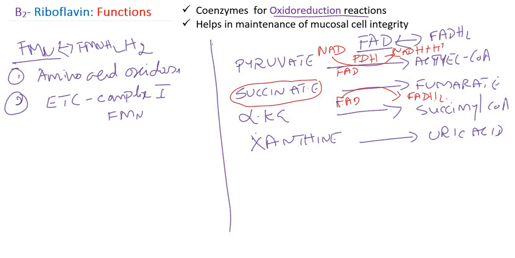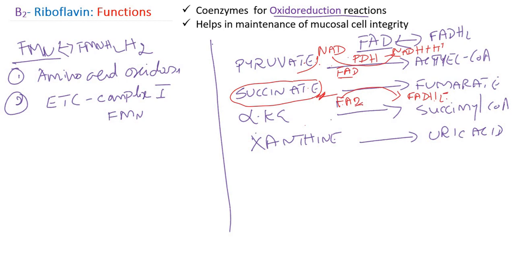This is not one reaction, but a series of reactions where hydrogens or electrons are transported from pyruvate to FAD, then to lipoate, then to NAD. There are many reactions, but you should remember that in carbohydrate metabolism, in oxido reduction reactions, FAD acts as a coenzyme. Succinate will be converted to fumarate, and there also we require riboflavin in the form of FAD.